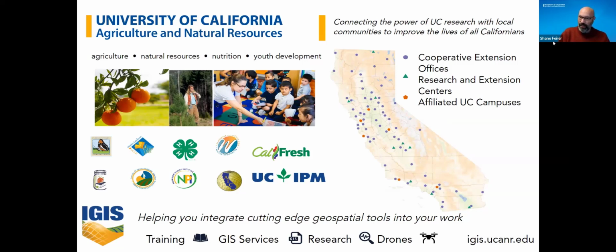And we have academics and staff in almost every county, as well as in most campuses. And we have 9 research extension centers around the state. You probably know us best for the farm advisors and cooperative extension specialists who are around the state, as well as some of our core programs such as 4-H, Master Gardeners, CalFresh, UCIPM, and things like that. So IGIS is on the same level as those programs. We're a small but strong team who specialize in applying geospatial technologies, drones, and innovation to problem solve in California and help Californians.